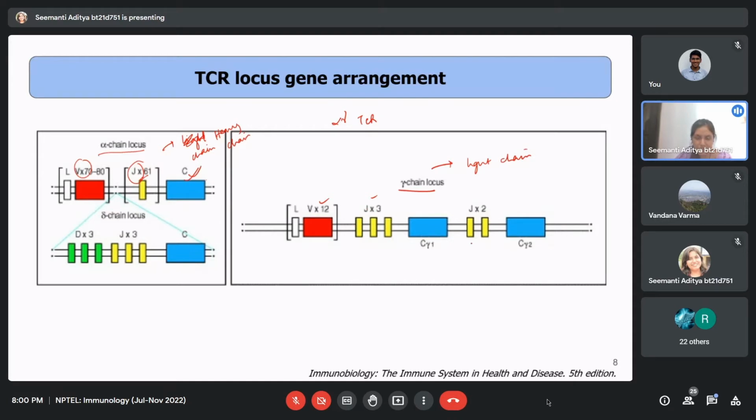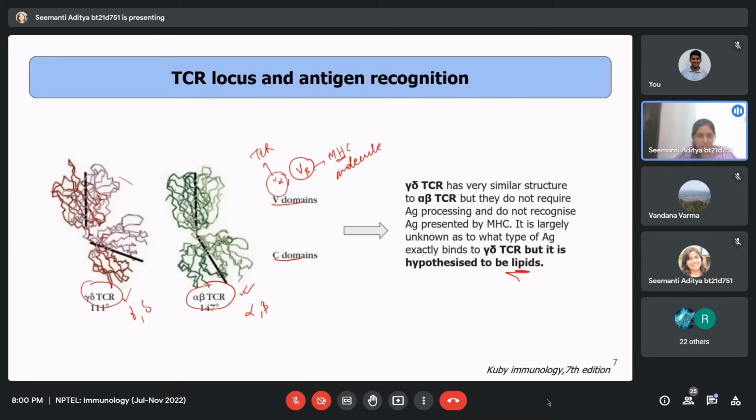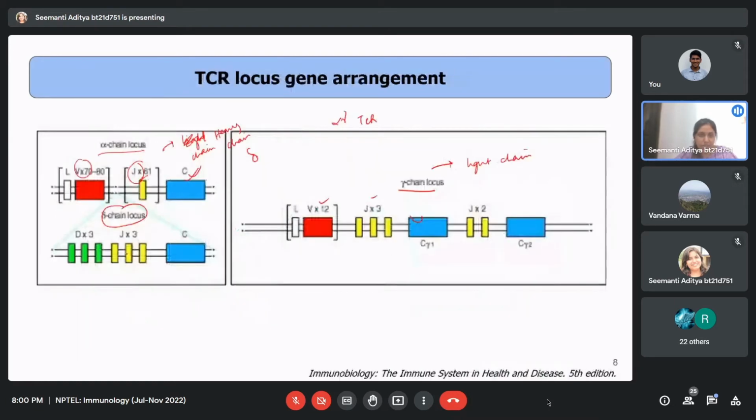And constant regions. What is important over here is the delta chain that could be present in this particular T cell receptor, the gamma delta receptor. This delta chain is actually located entirely in the locus of the alpha chain.